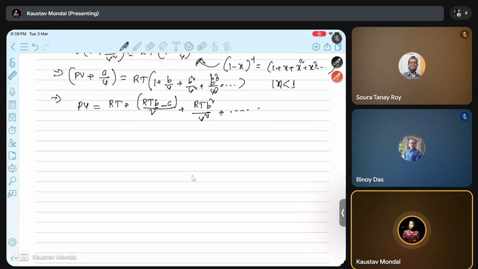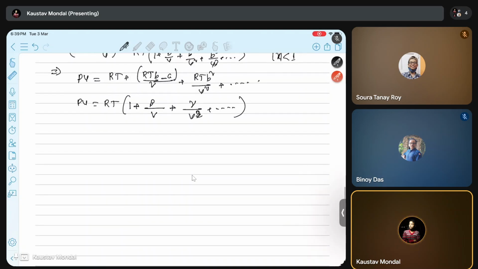Now you can also take RT as common. So PV equal to RT, if you take it common, this expression will become 1 plus, we can write this thing as beta by V plus gamma by V square plus the other terms.